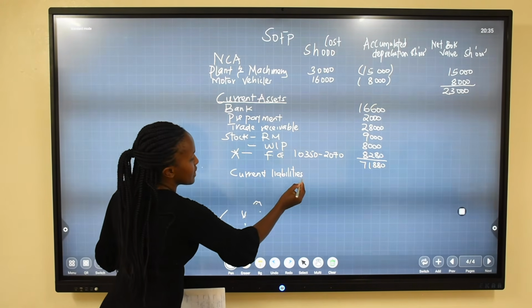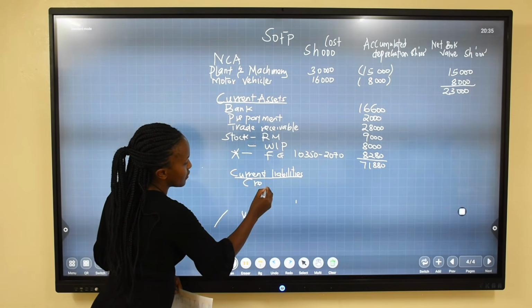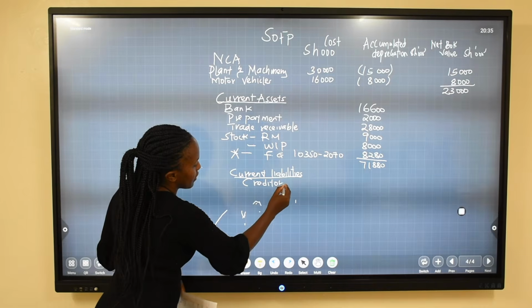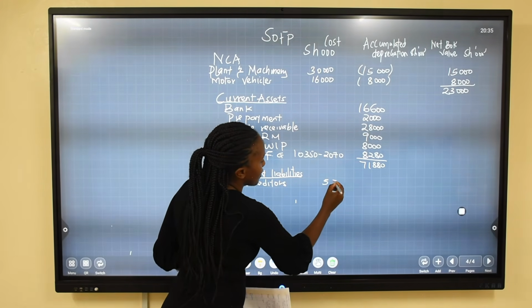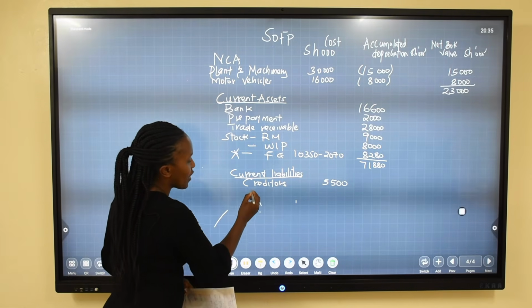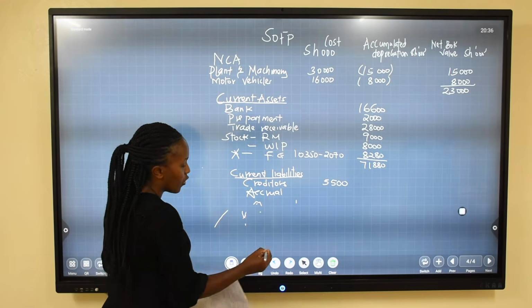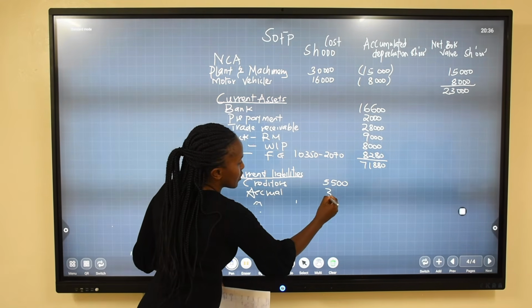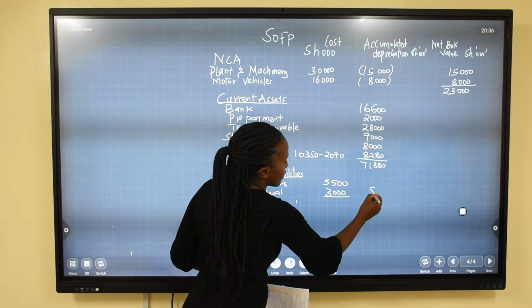So our current liabilities, we have creditors from our question. Our creditors was 5,500. And we also have accrual. Remember we said there is accrued direct labor of 3,000. That direct labor was accrued by 3,000, giving us a total of 8,500.